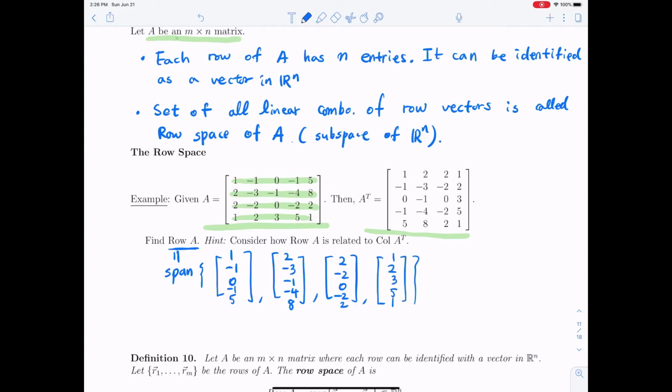So basically, we are using the rows of A as vectors, and you can see that these vectors are actually the columns of A transpose because we're switching rows and columns of A when we take the transpose. So the row space of A equals the column space of A transpose.